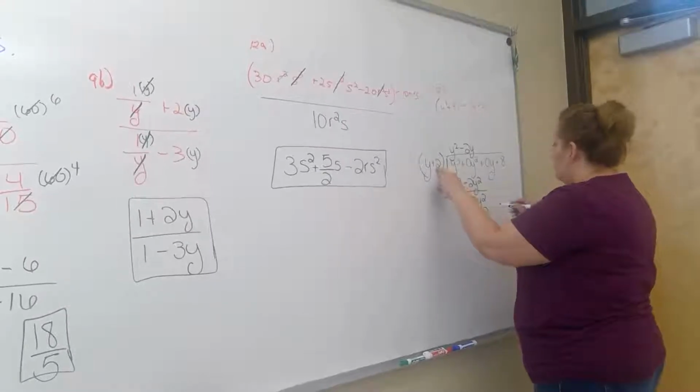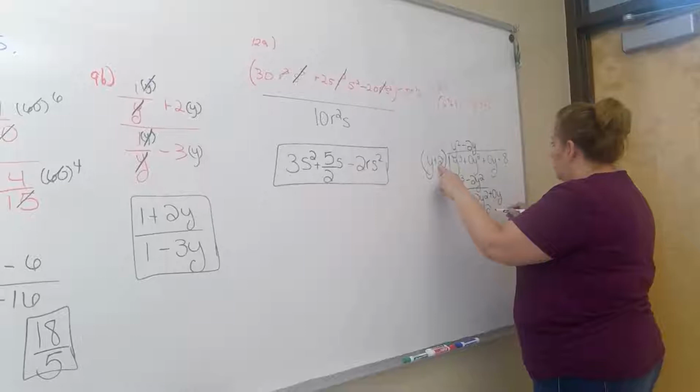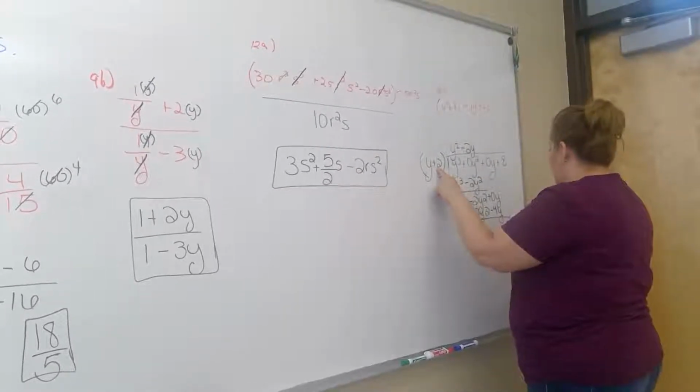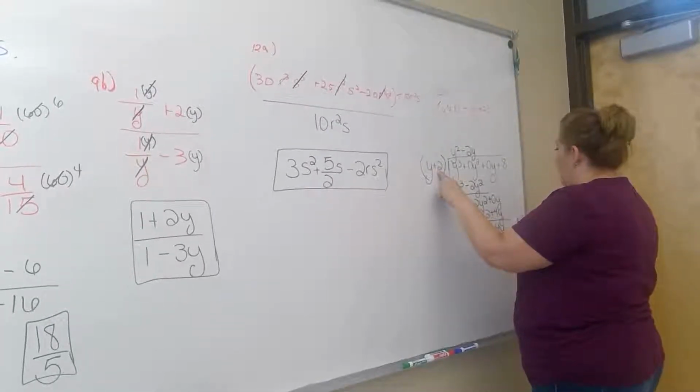And then we get a negative 4y. We draw our line, our signs change. This gives me a 4y.